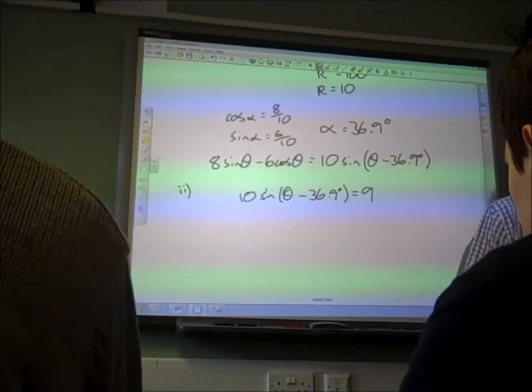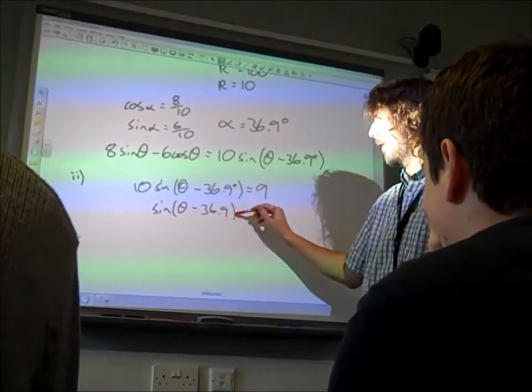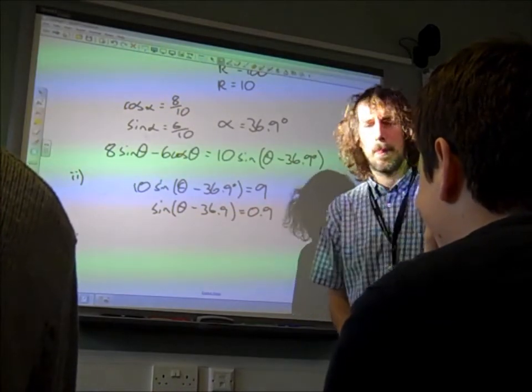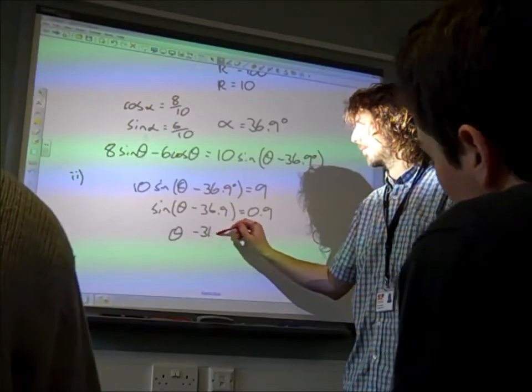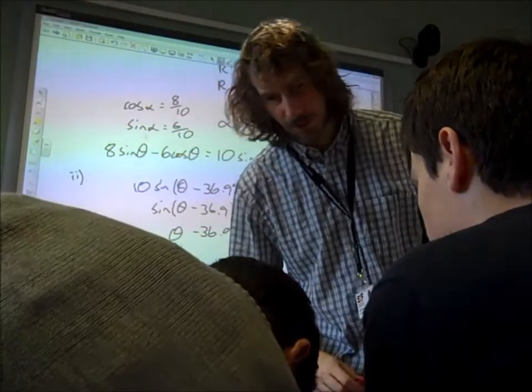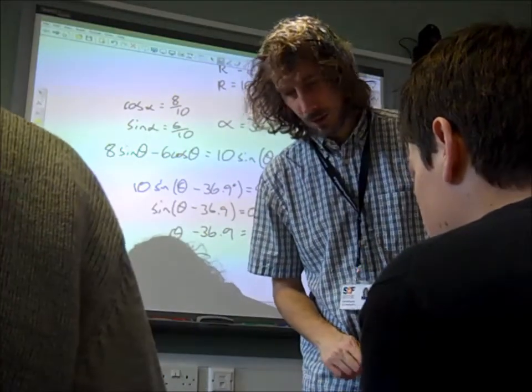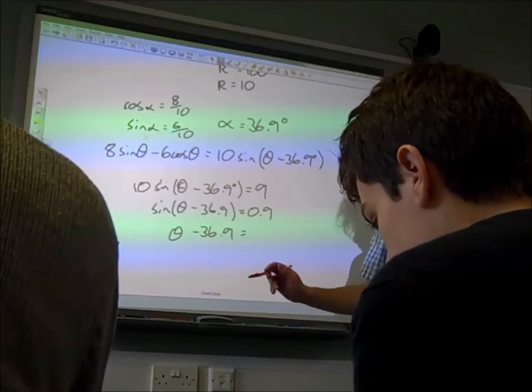So we rearrange that: sine of theta minus 36.9 is 0.9. We're going to do inverse sine of this to get our first value. We seem to have a figure of 64.16.